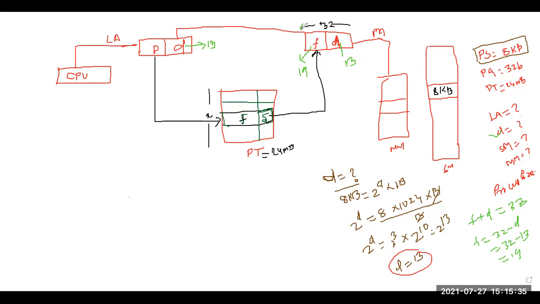Now can I find the memory? Yes or no? Because we know the total number of bits is 32. Can I find the size of the main memory? What will be the size of the main memory? So how many bits are used? 32 bits. If I know how many bits are used for physical address, can I find the size of main memory?